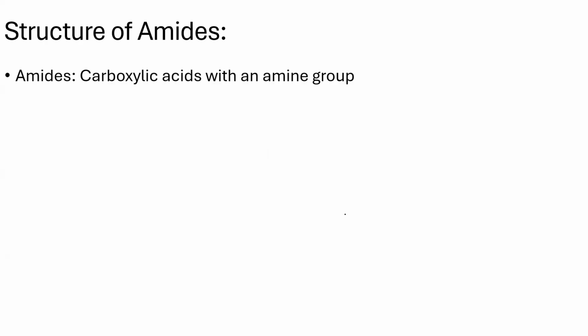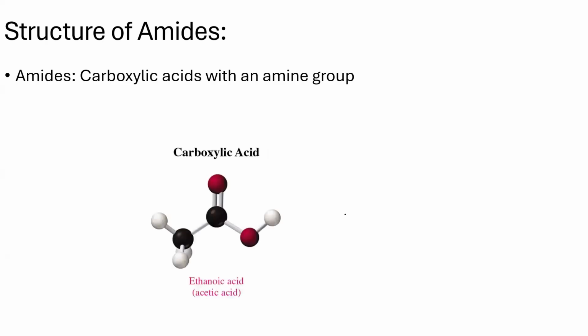All right, amides. So amides are carboxylic acids with an amine group. And you've covered carboxylic acids with Professor Bradshaw, I believe. Carboxylic acids, this is a 3D structure, but essentially what you have is an R group, your carbon double bonded to your oxygen, single bonded to an OH group.